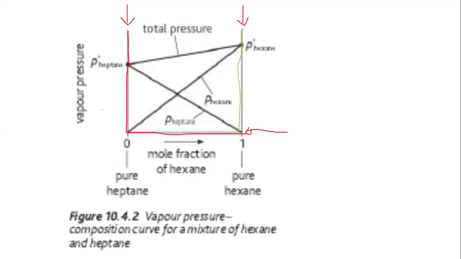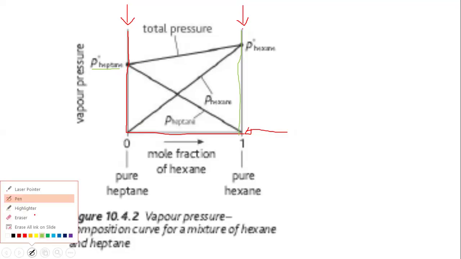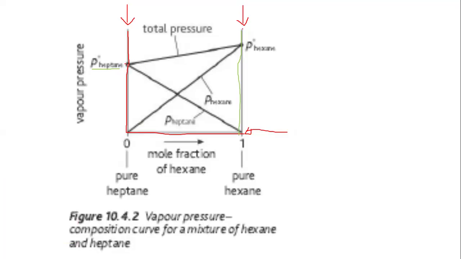What they did is they plotted a graph of the vapor pressure of heptane against the mole fraction. That is what you are seeing here. I'm going to keep the colors so that we can keep it straight. This is the vapor pressure against the mole fraction. If we take a look at just this red line here, what is happening?